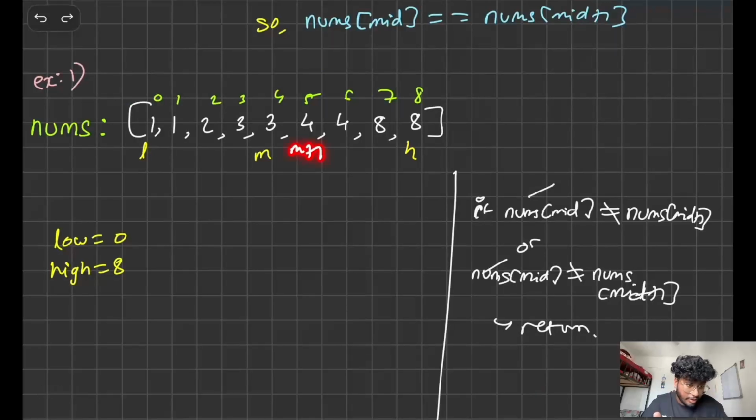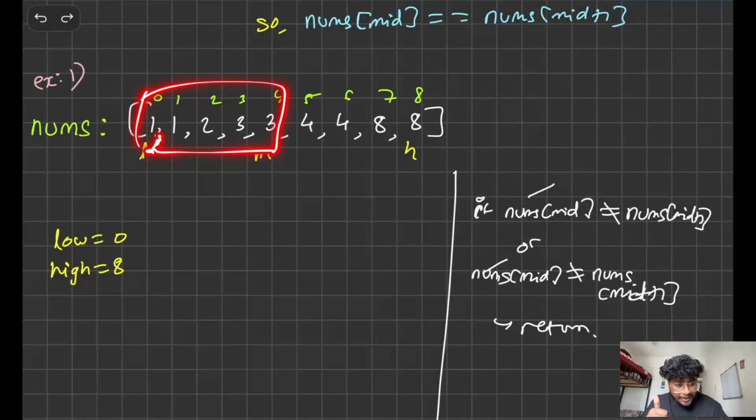But it is not. So can I say that this half is now ambiguous? If every pair in this half was ideal, if this half had all the pairs, then the element at mid would have its pair at mid plus 1, because the parity of mid is even, but in this case it is not.